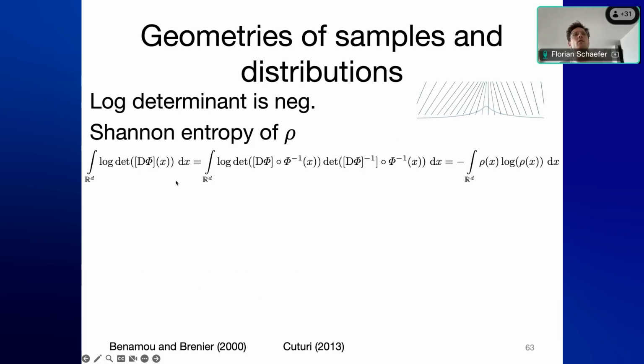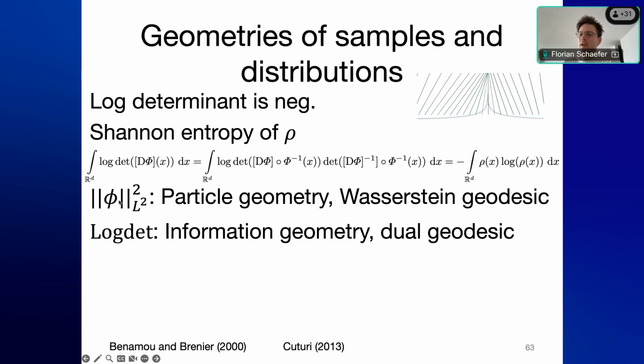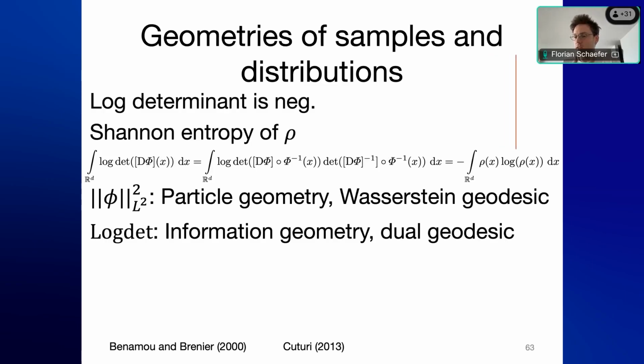Now if you look at our regularizing term, this log determinant of the Jacobian, you see that just by the change of variable formula, this is exactly the Shannon entropy of the mass density. We can remind ourselves that if you equip the diffeomorphisms with the L2 geometry, we would be getting the Wasserstein geometry on the densities.